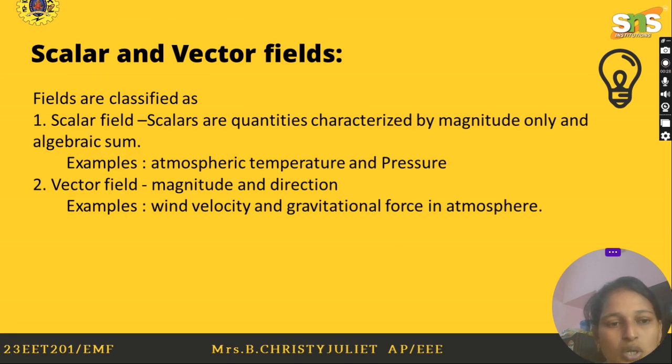So first, what is a scalar and vector field? Fields are generally classified into two types. One is scalar field, the other one is vector field. We already know what is meant by scalar and what is meant by vector. Scalar means those quantities that are characterized by magnitude alone.